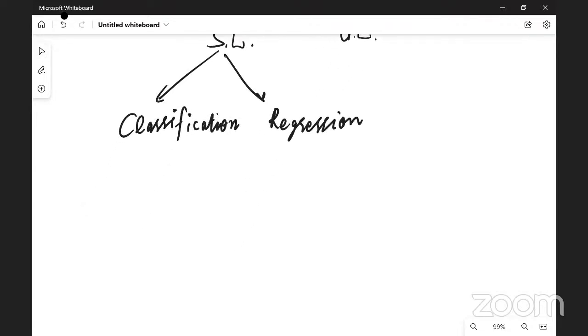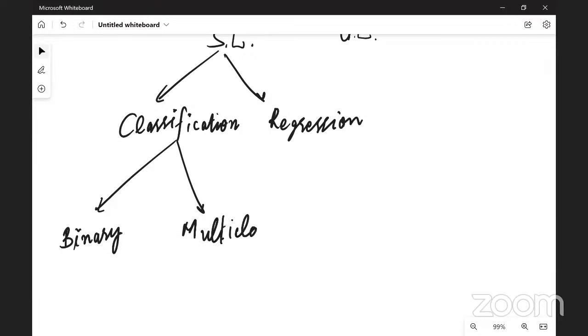Again, in classification, we can divide the problem into 2 types: single label or multi-label. Before that, we should write binary and multi-class. Binary means there are only 2 classes, 0 and 1, like cats and dogs.